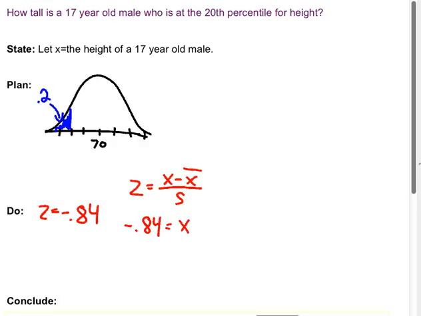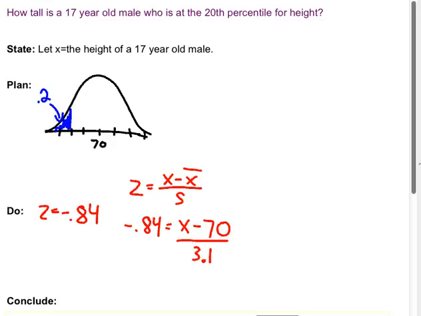We don't know the observation, but we know the mean is 70 with a standard deviation of 3.1. So using that formula, we can still go in between the z-score and the actual data point, right? It works interchangeably in either direction. If I know the z-score, I can find the observation. If I know the observation, I can find the z-score.